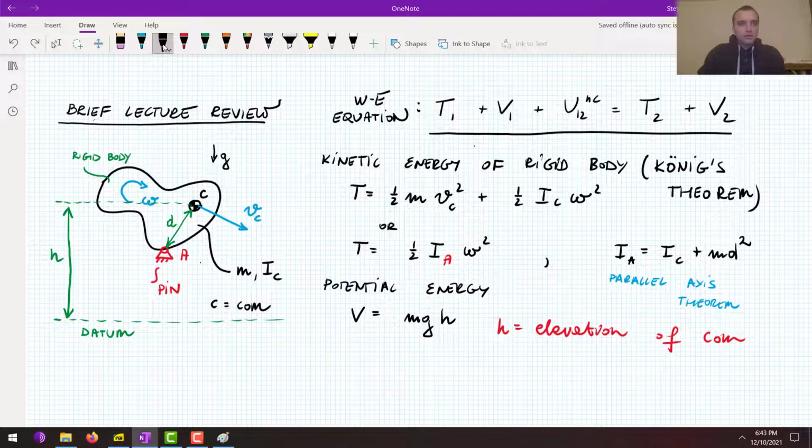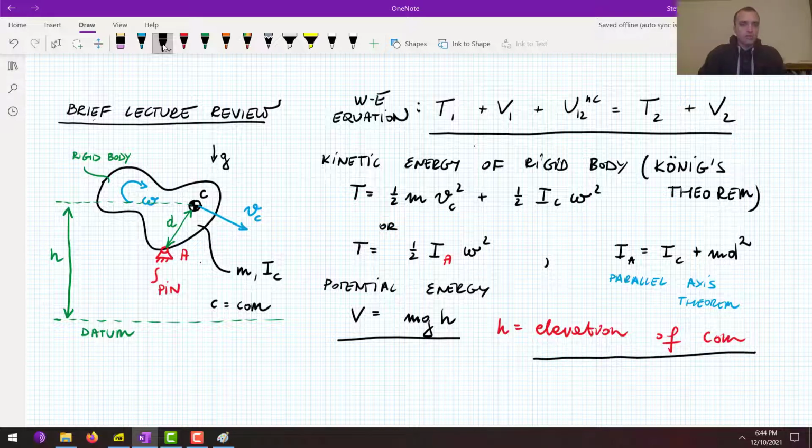Another slight change to our work energy equation is how to calculate potential energy. The expression is still mgh, however this time h is the elevation of the center of mass.